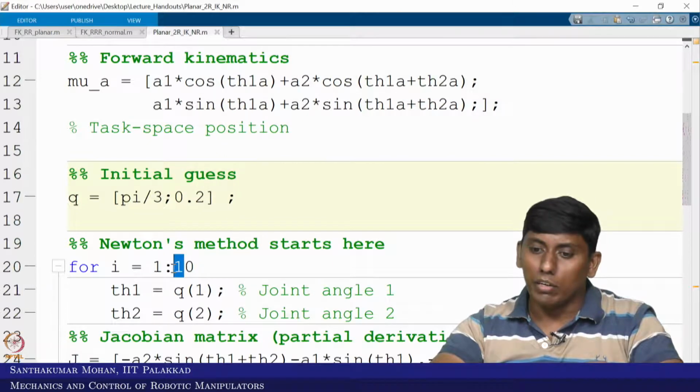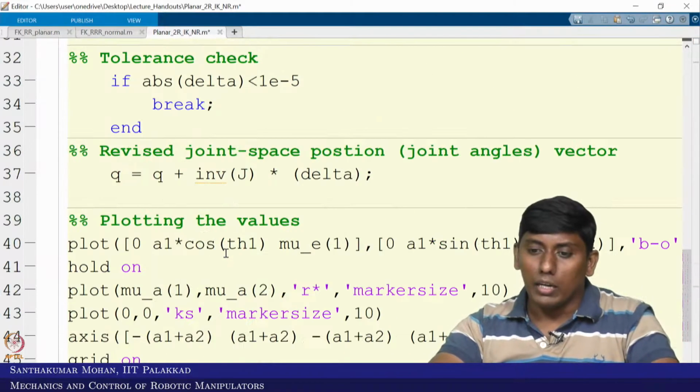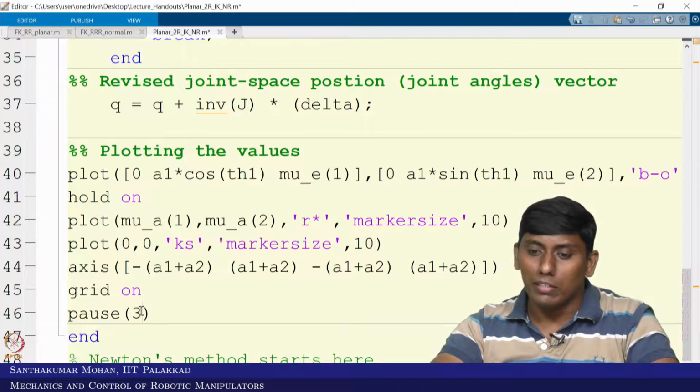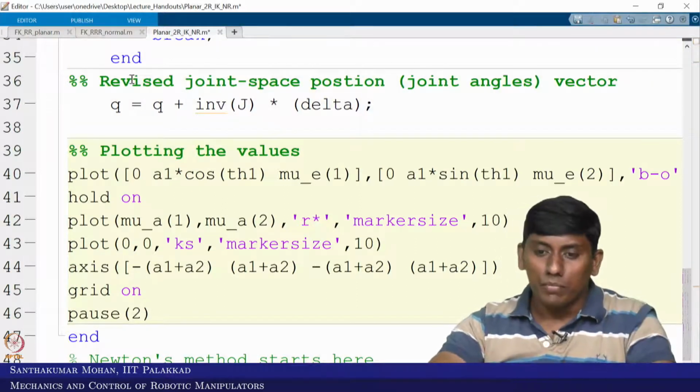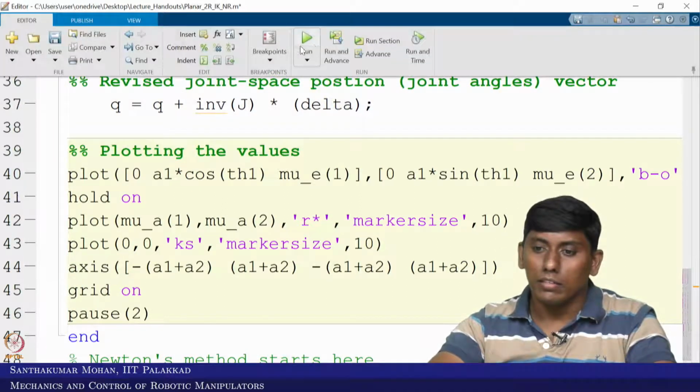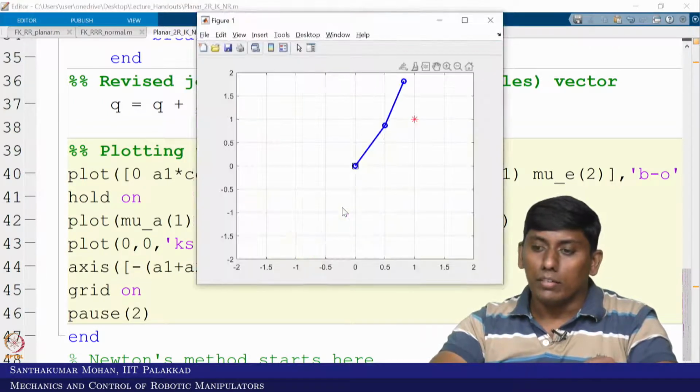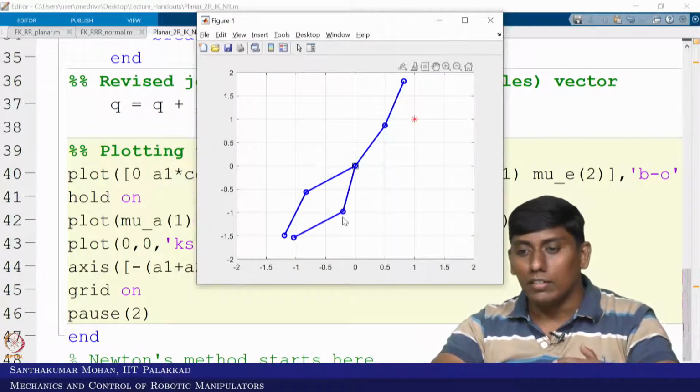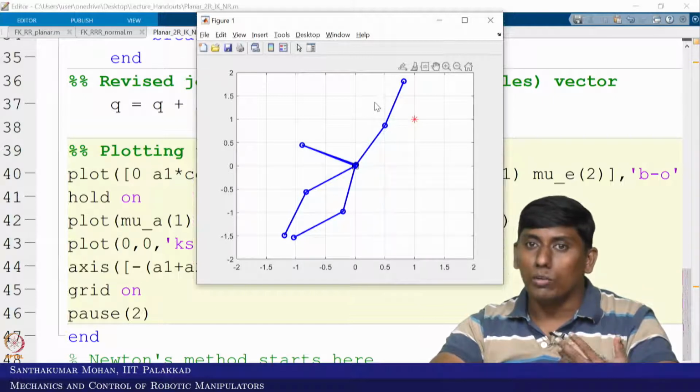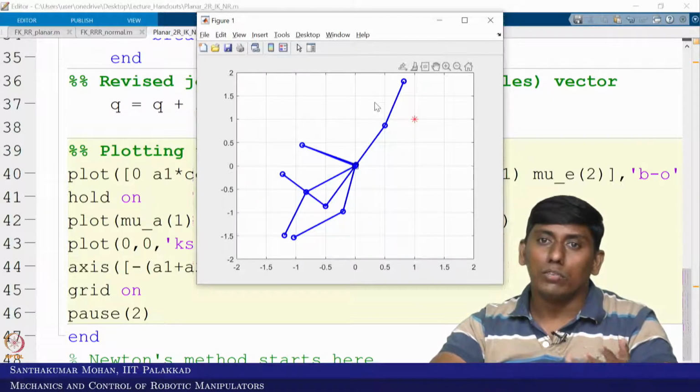So I will increase this count, and I will make the delay probably 2 seconds. I am just running this. You can see this is the starting point, this is the next iteration, and the next, and it keeps going again and again.